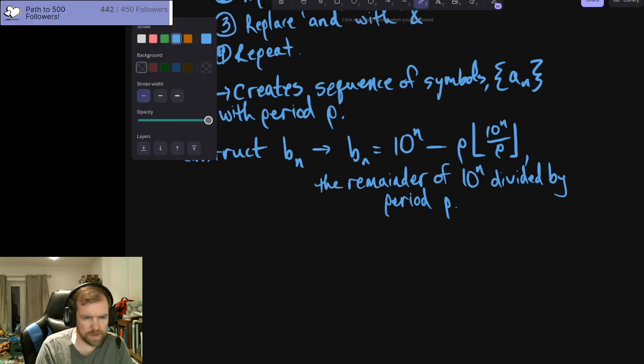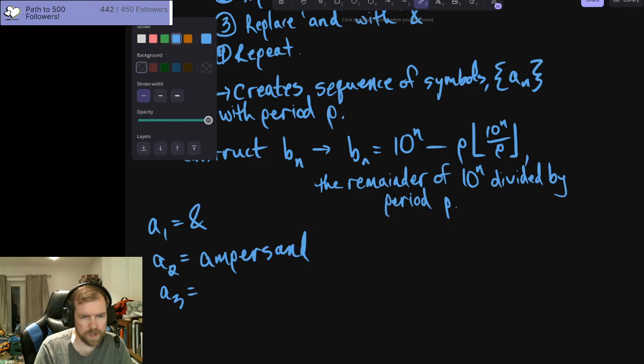So a sub 1 is just going to be the ampersand symbol itself. A sub 2 is going to be the word ampersand. A sub 3 is going to be ampersand.